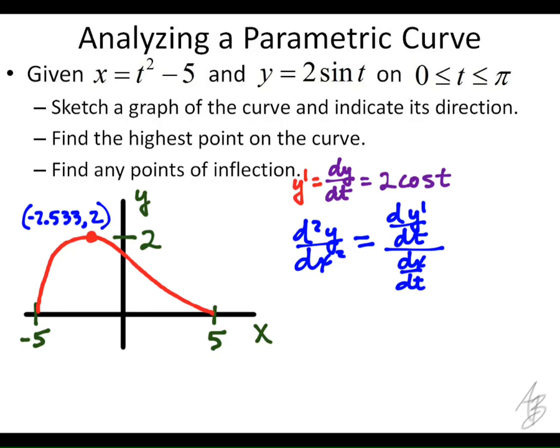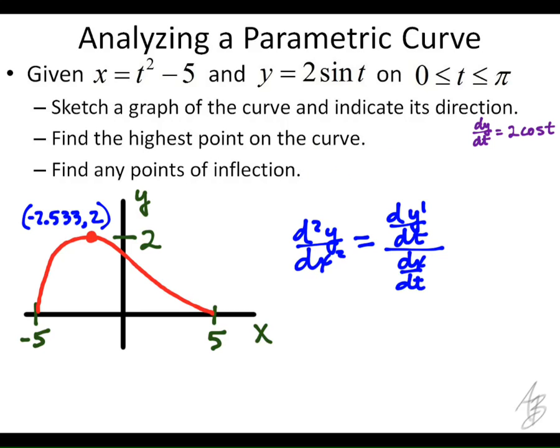This isn't right. This is not y prime up here. So y prime is actually going to be dy dx. So to find dy dx, what else do I need? dx dt. I need to know what dx dt is also. So we know what dy dt is. That's going to be 2 cosine of t. I'm going to put that off in the corner here.